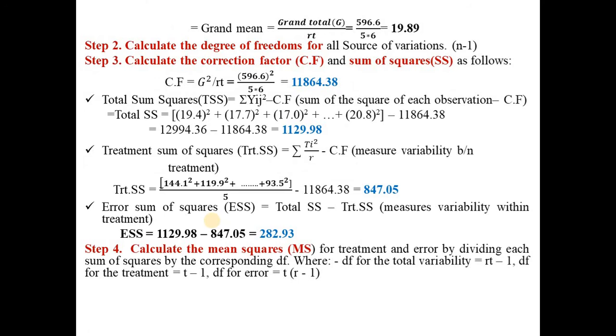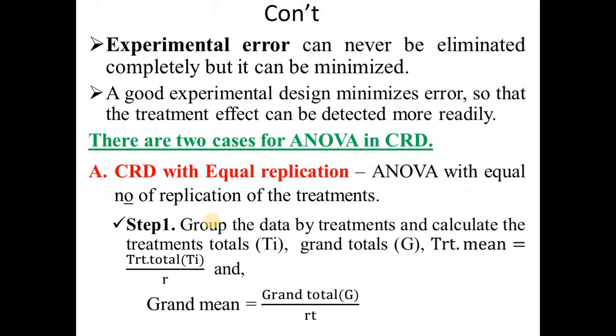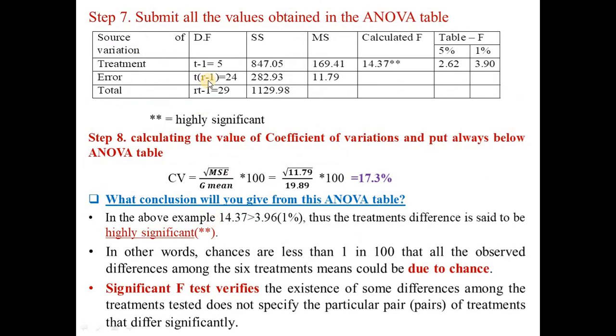It is t times r minus 1: we have 6 treatments and 5 replications, 6 times 5 is 30, minus t, which is 6, so 30 minus 6 gives us 24. Therefore the error degree of freedom is 24.